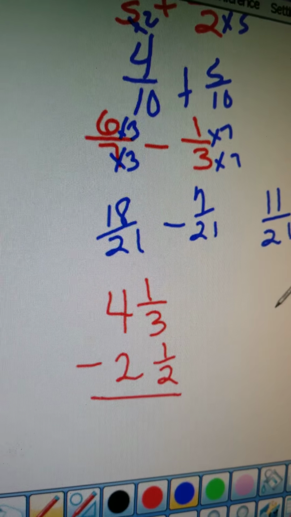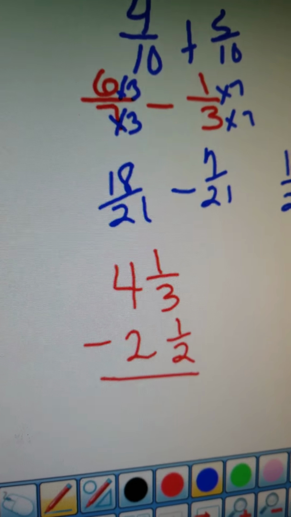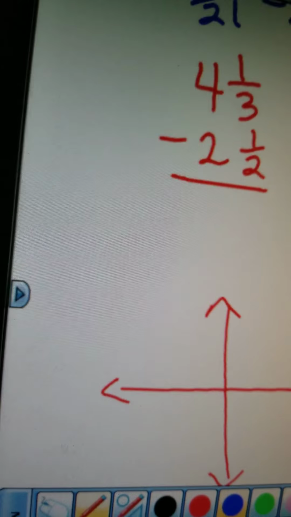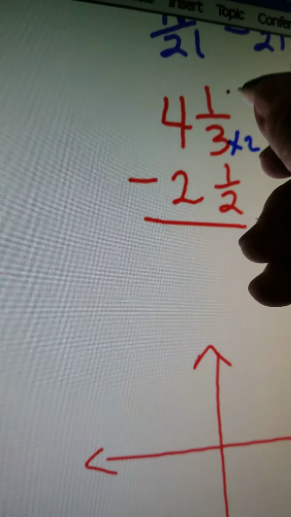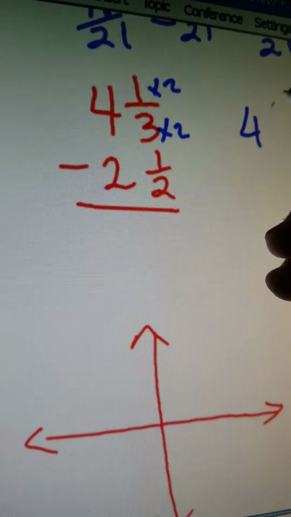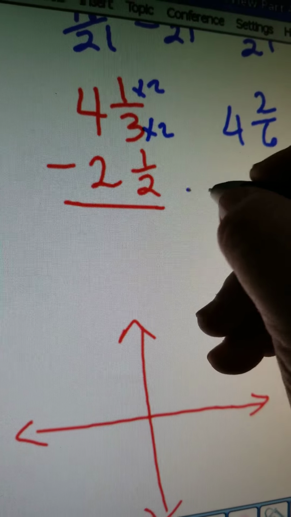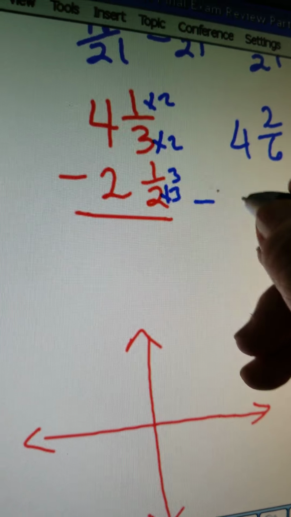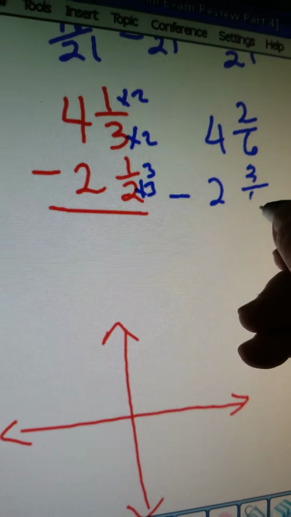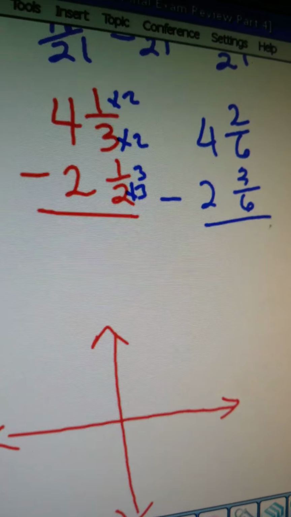If we had room, we'd work down in a V. I showed you this when, I'm not sure that there's anything like this on the exam, but just in case, we find a common denominator, and it would be 6. So now I have 4 and 2/6, minus 2 and 3/6. Now, there's a little drama there because we cannot take the 3 from the 2.